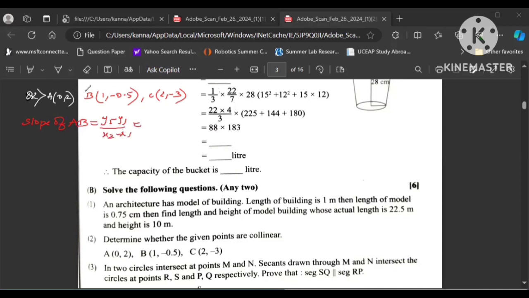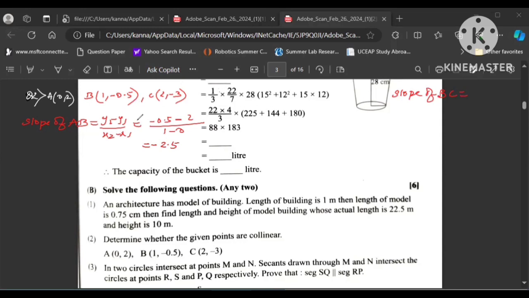So, for AB, y2 is minus 0.5, minus y1, which is 2, the whole thing upon minus 1 minus 0. So when you do it, minus 0.5 minus 2, it is minus 2.5. So what is the slope of AB, children? Minus 2.5. Now I'm going to find the slope of BC.